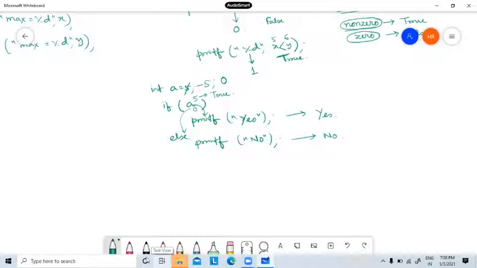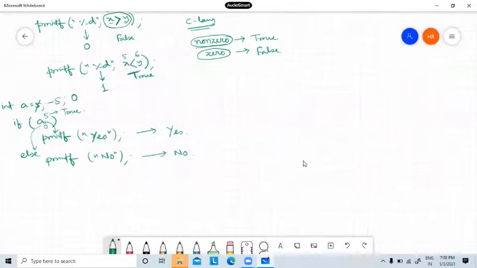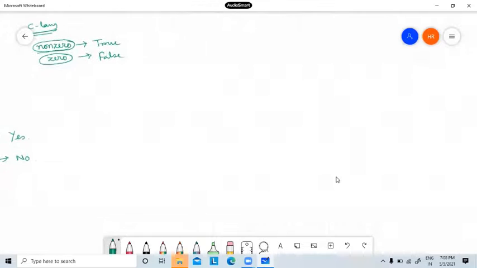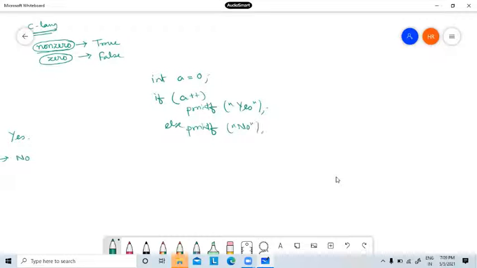Okay. So let's check how the AND is working. But before that, another interesting thing: suppose int a equal to 0. Then I am writing if a plus plus printf yes, else printf no. Then what will be the output?